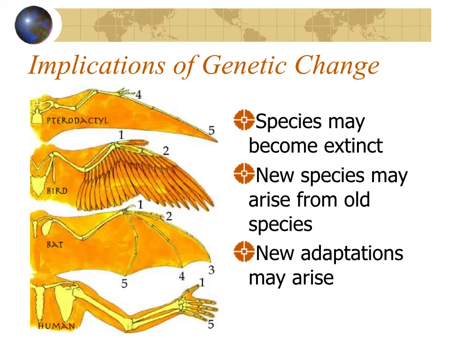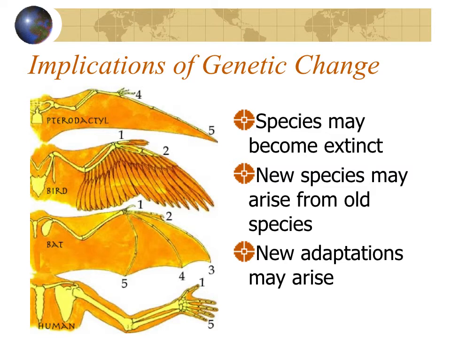And what we know about this is that this has some long-term implications. Species may become extinct. They may change over time so that new species arise from old species, and new adaptations may arise. Existing structures may be modified so that they can develop and take on new functions. Okay, and we see lots of evidence for this.